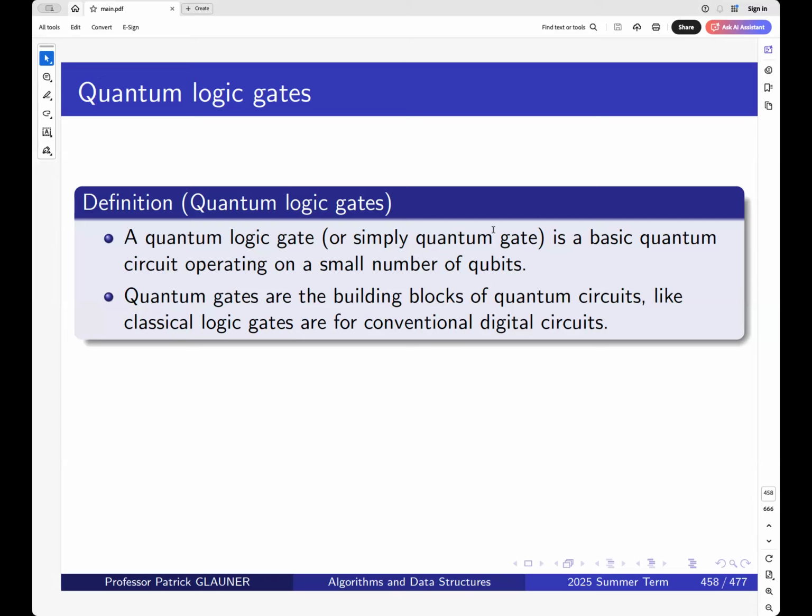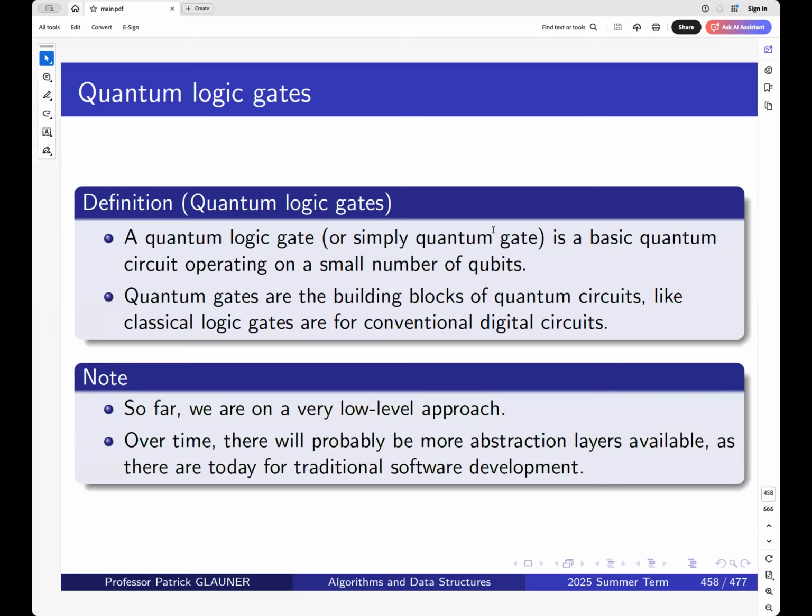This is what you also learned in your introduction to computer science, how you would do this with binary variables, so with bits. One thing that is different here is that we will have different gates. You will see them in a moment.